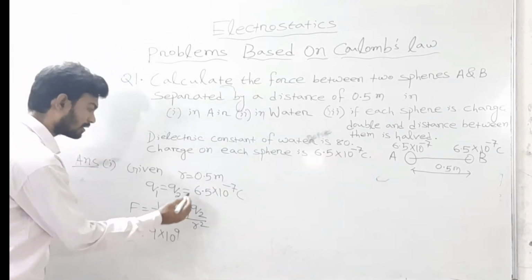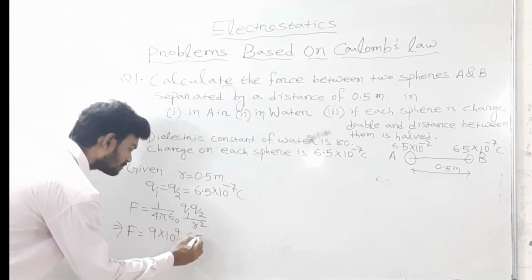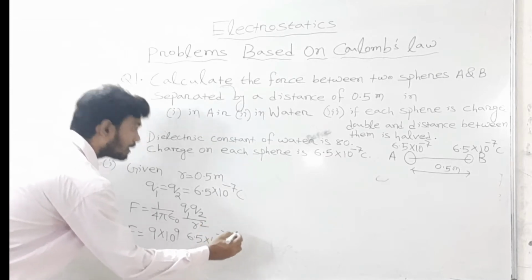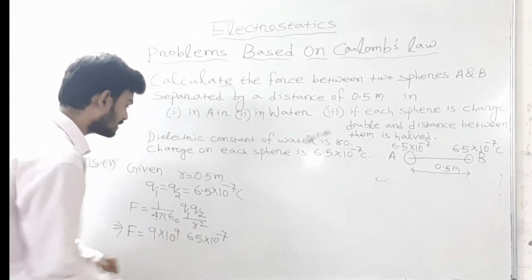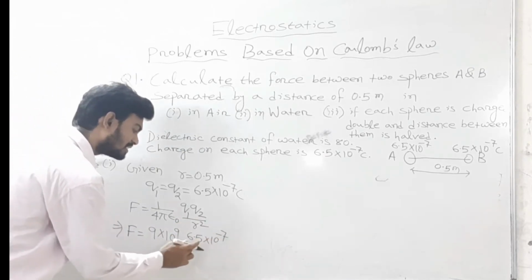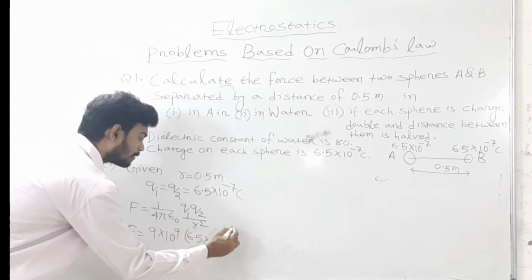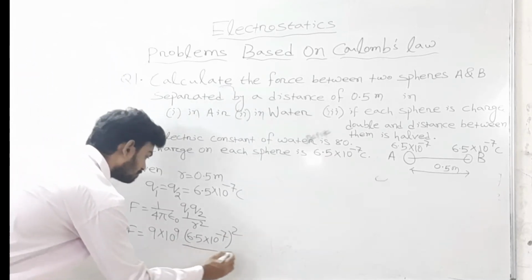Q1 is 6.5 into 10 to the power minus 7, and Q2 is also 6.5 into 10 to the power minus 7. So F is equal to 9 into 10 to the power 9 into 6.5 into 10 to the power minus 7 whole square, divided by R square.